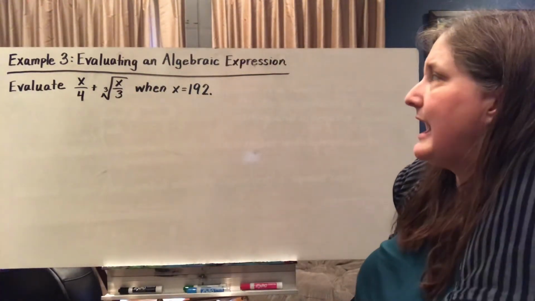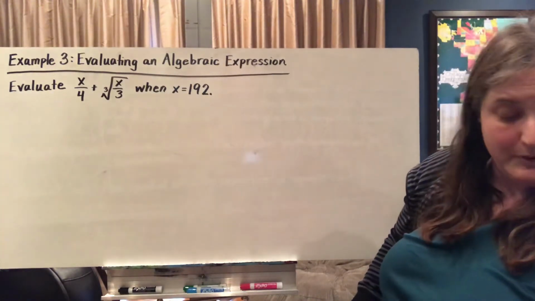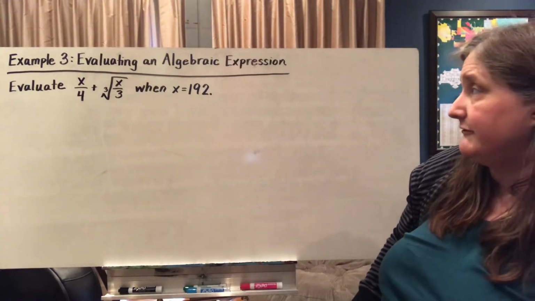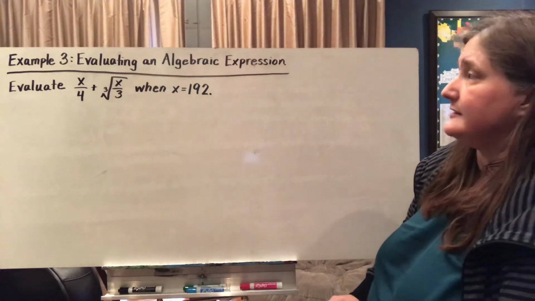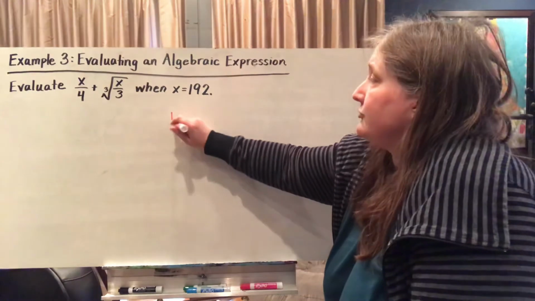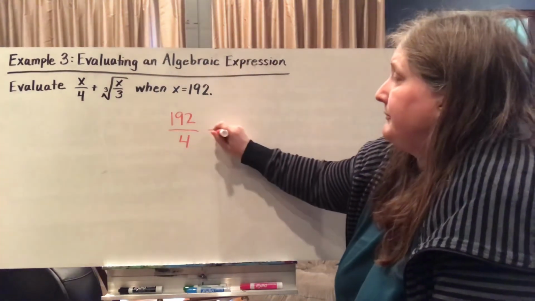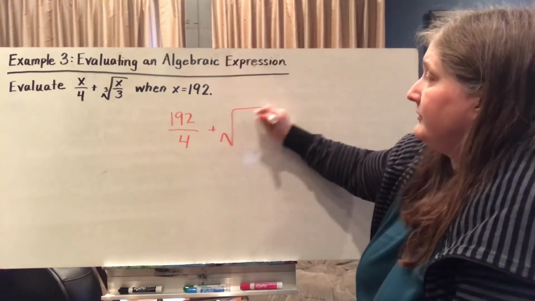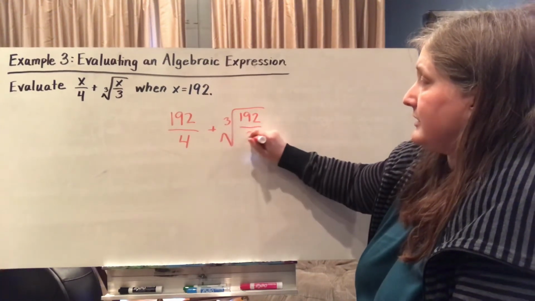All right, here we're being asked to evaluate an algebraic expression that involves a cube root by substituting in a value of x. So x is actually 192. So I'm doing 192 divided by 4 plus the cube root of 192 over 3.